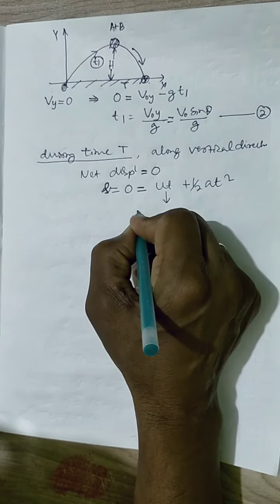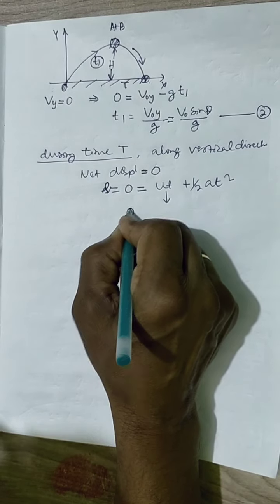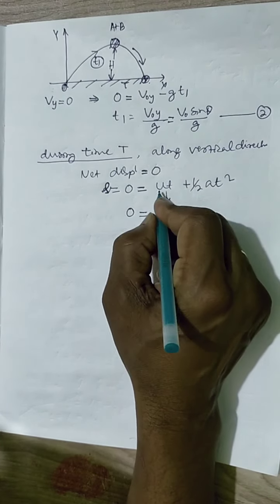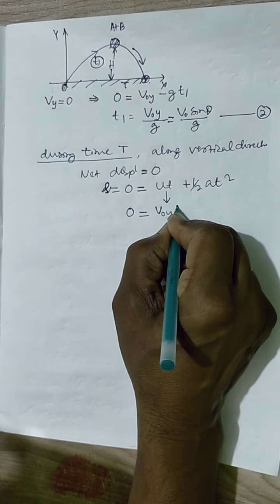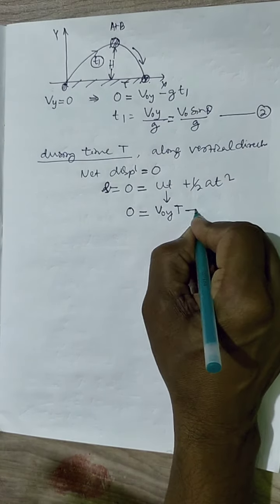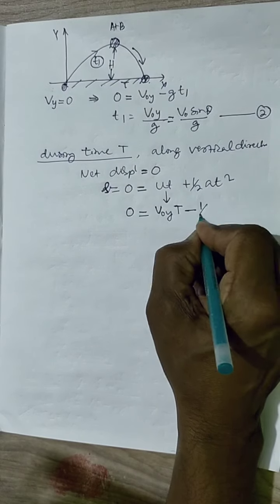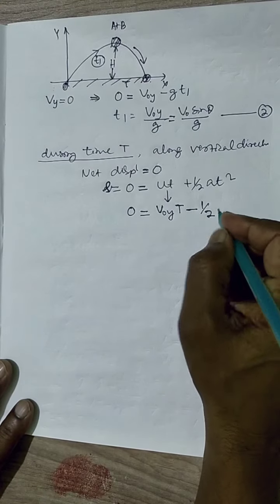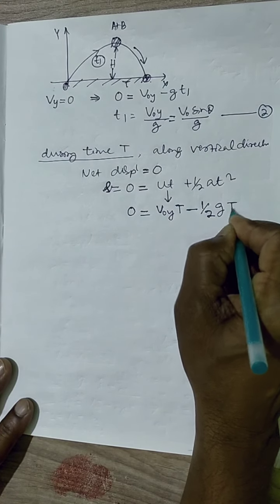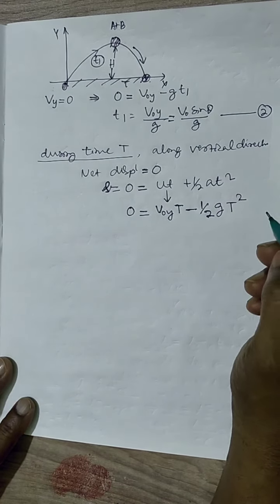Here, this becomes v0y t minus half g t square.